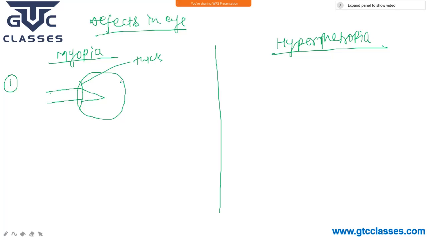If it has become thick, it is converging before the retina itself. So we can't see the far objects. For far objects there is a problem. Near objects, no problem, correct?